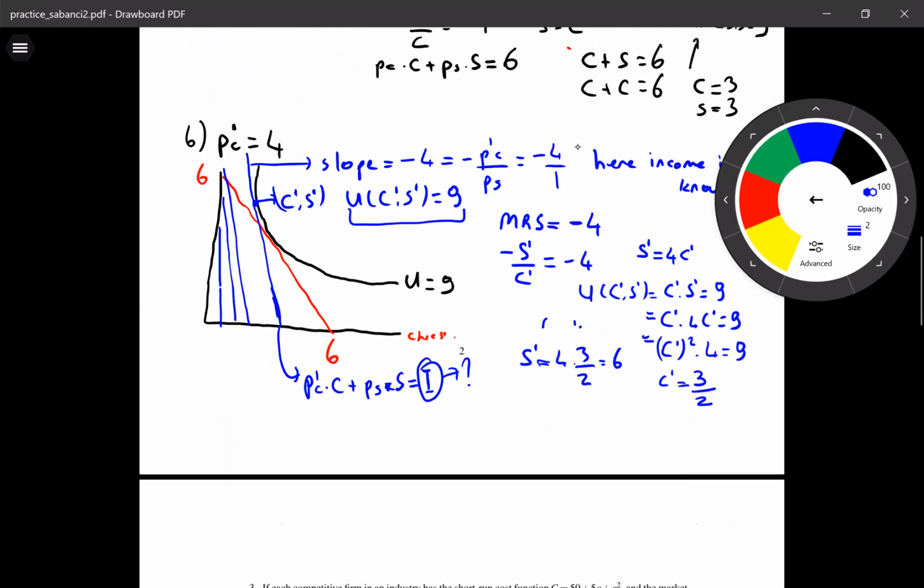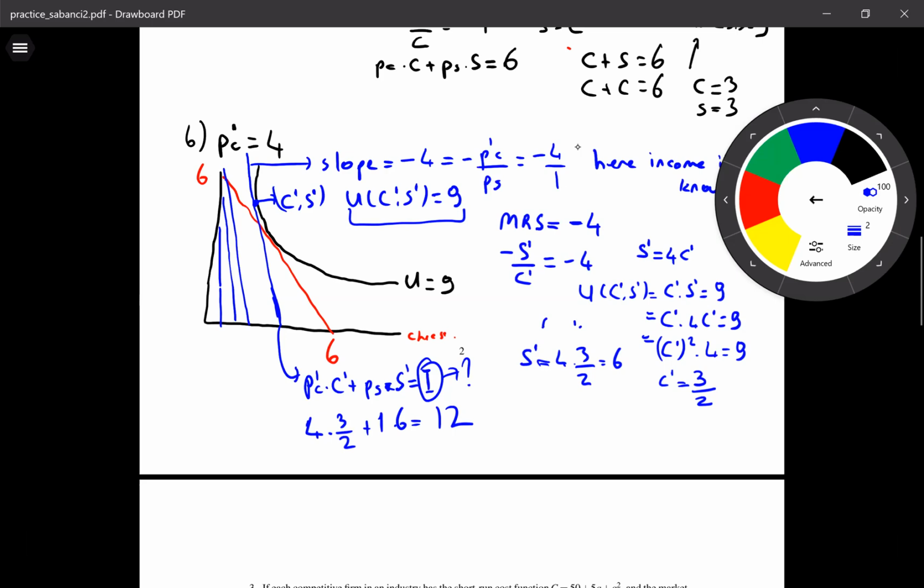Then I can find the level of income needed here. PC prime is 4, C prime is 3 over 2, plus PS is 1 and S prime is 6, which will be 12.